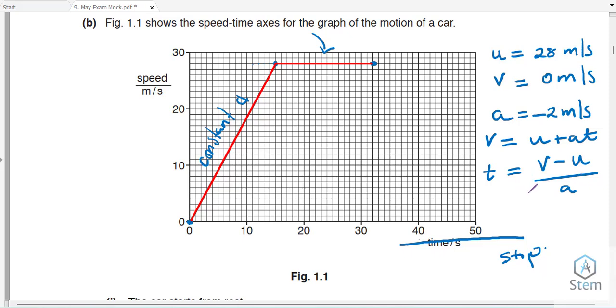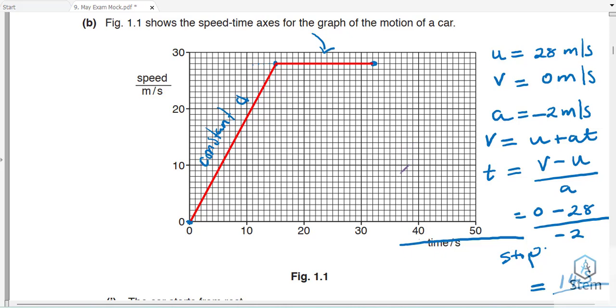This is why it's important to know how to do subject of formula. And we are going to have v is 0 minus 28 divided by -2. That gives us a time of 14 seconds. So the car took 14 seconds to get to rest.